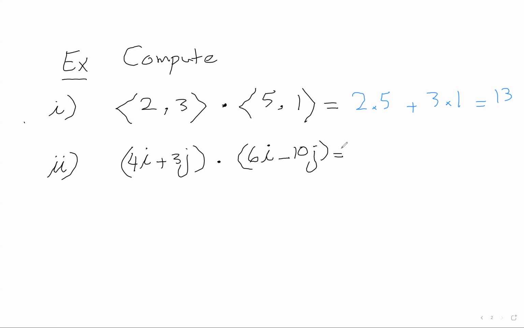Similar situation: the first coordinate of the vector u, which is 4, is multiplied by 6, so 4 times 6, plus the second coordinate of u times the second coordinate of v, 3 times negative 10. And they add up to negative 6. So the dot product of these two vectors is negative 6.